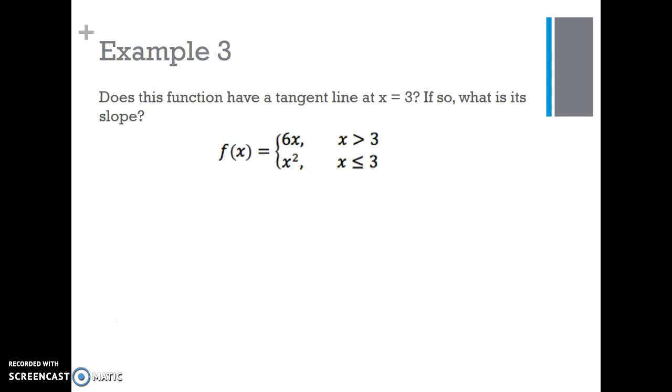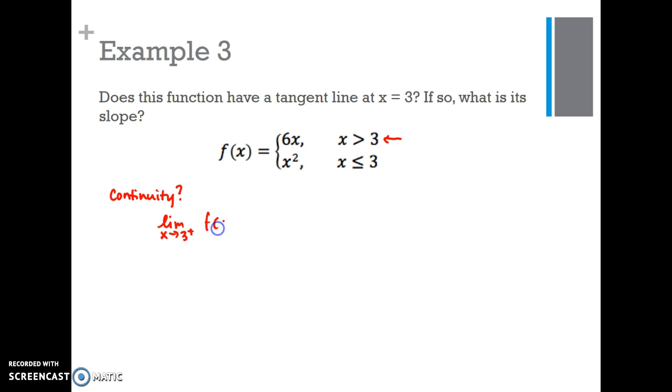So for this example, does this function have a tangent line at x equals 3? If so, what is its slope? The first thing you want to check is continuity. The way you check for continuity is you take the limit as x approaches 3 from the positive direction, which would be the top half of the definition.